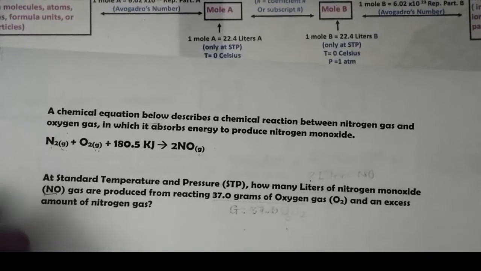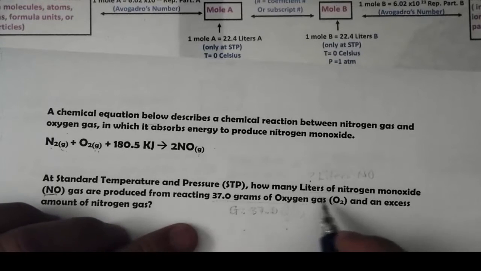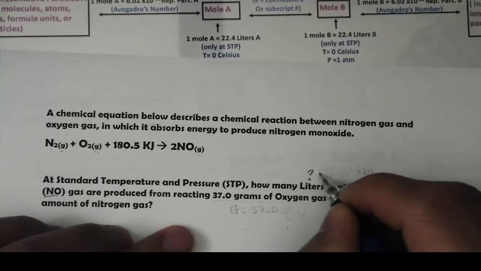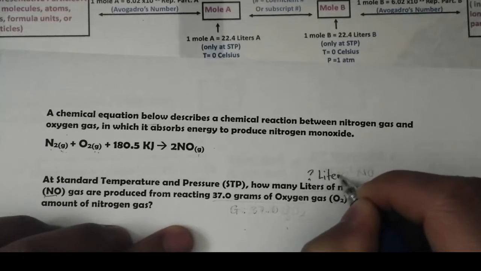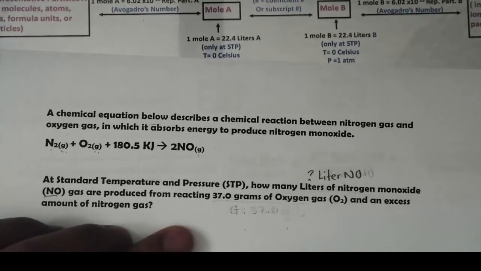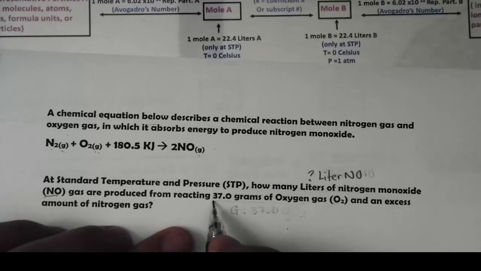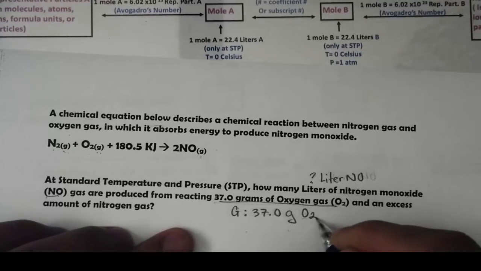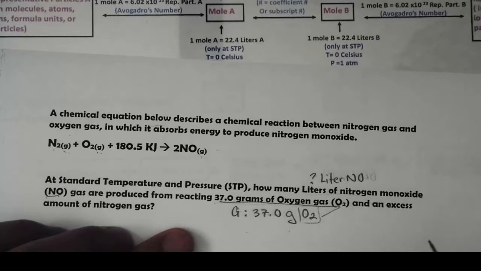So in this case, we know right away it's asking for how many liters of NO, so that is our unknown. Liters of NO. And our given is 37 grams of oxygen, which is O2. Notice how I copied the chemical exactly as given in the problem.